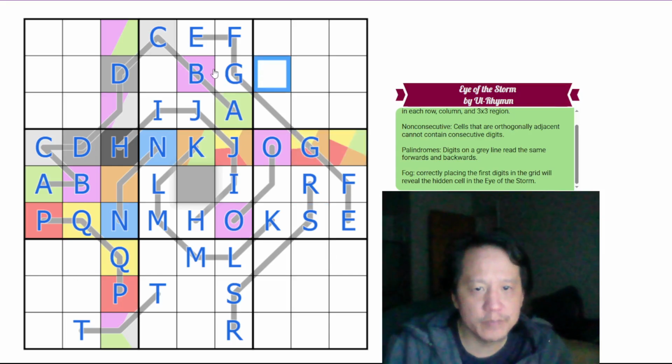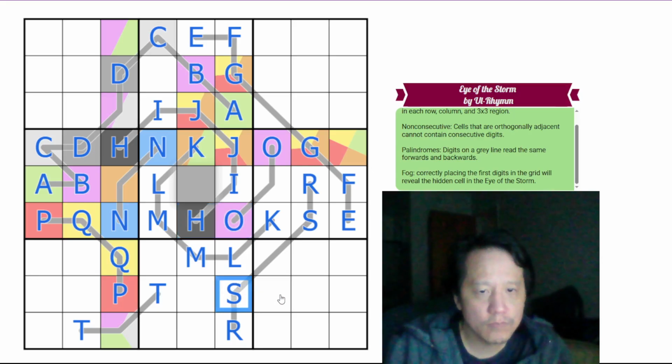So G can be red, yellow, or orange. J can be red, yellow, or orange. H is dark, so this is dark here. K is green or orange.